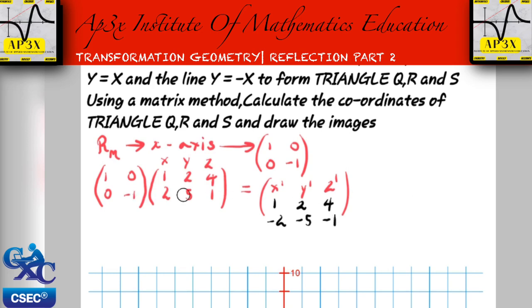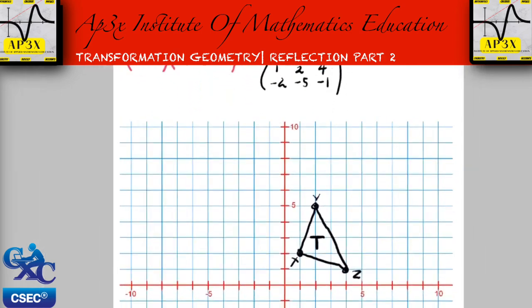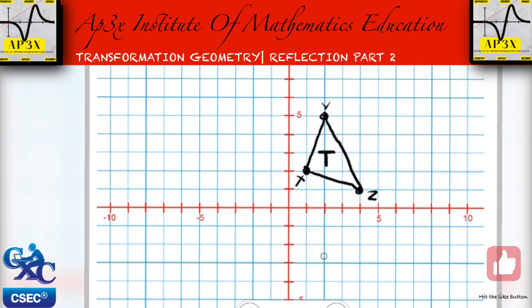So basically we end up with the coordinates of X prime, Y prime, and finally Z prime. If we go on our graph and plot the points that we've just calculated, you're going to find that across the x-axis the image should land somewhere down here, because it's going to jump across the x-axis.